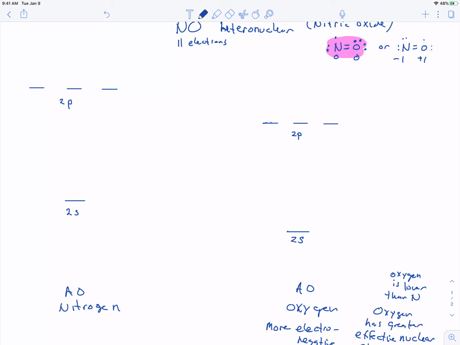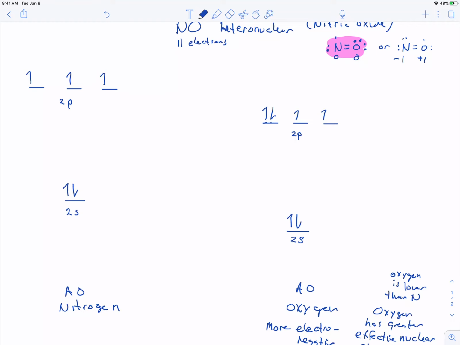All right, let's go ahead and populate those orbitals. Again, we're only showing the valence, so nitrogen has 5 valence electrons. Oxygen has 6, and oxygen has 6 protons. Nitrogen has 5.